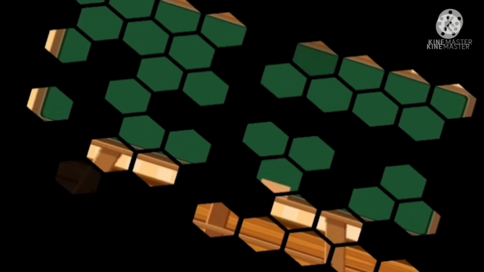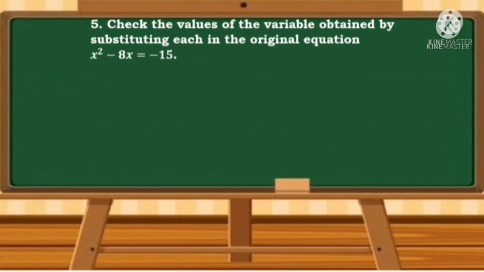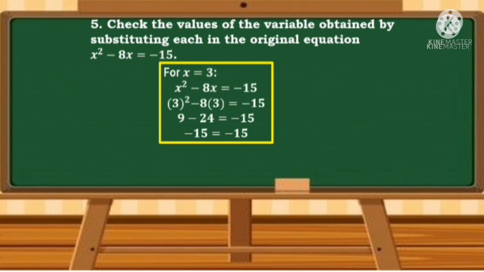So, how do we know if our answers are correct? We have to check the values of the variable obtained by substituting each in the original equation, x squared minus 8x equals negative 15. For x equal to 3, substitute 3 for x. We have 3 squared, which is 9, and then 8 times 3, which is 24.